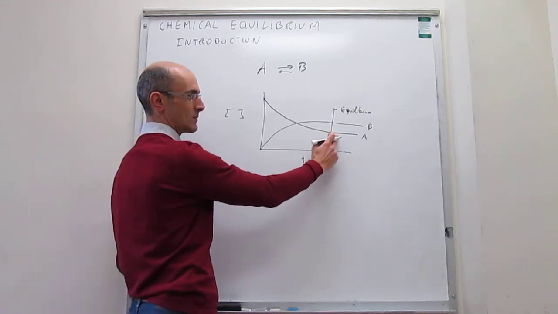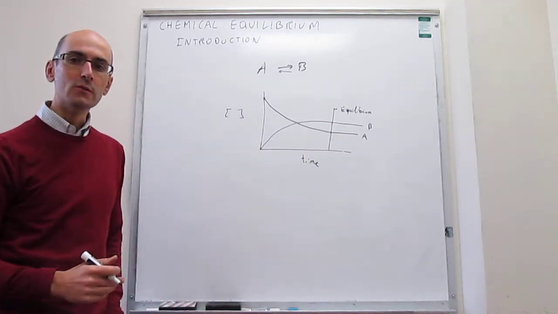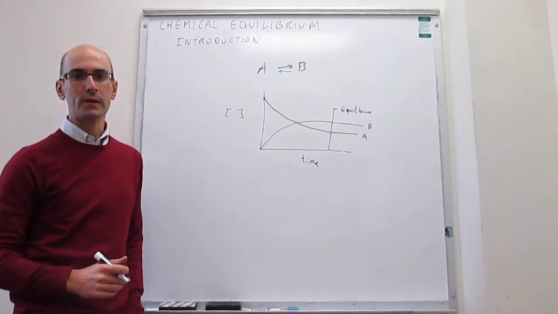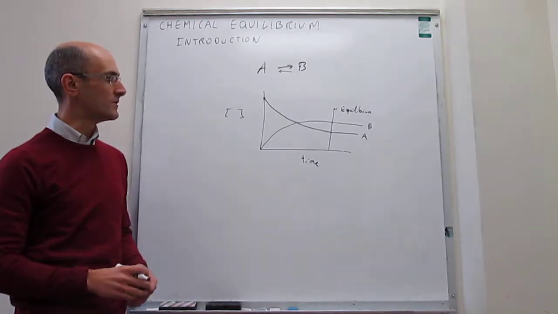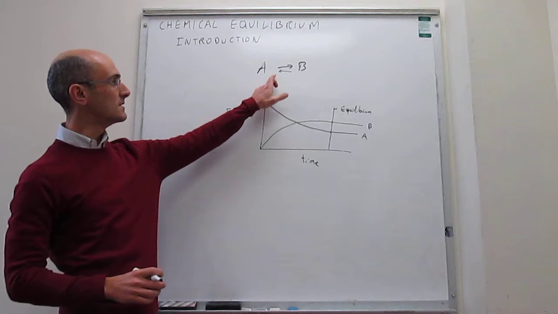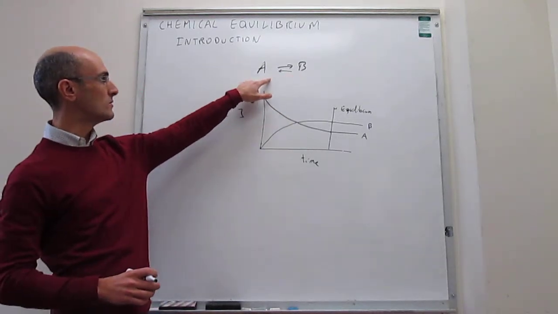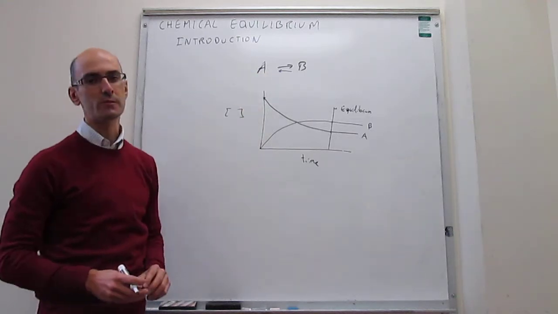There's still a substantial amount of A left, and the concentrations of A and B do not seem to change on time. So clearly that's not a reaction that proceeds to 100% completion, and the reason in this case is that the reaction is reversible, so B is turning to A as A is turning to B.